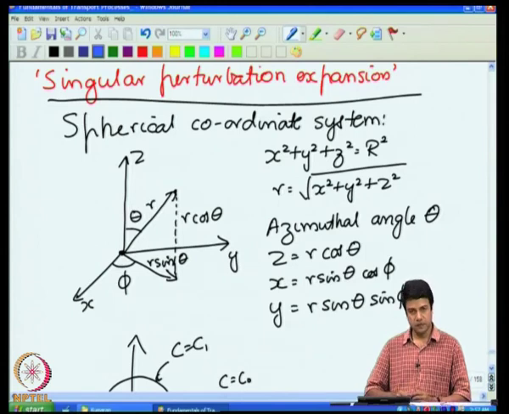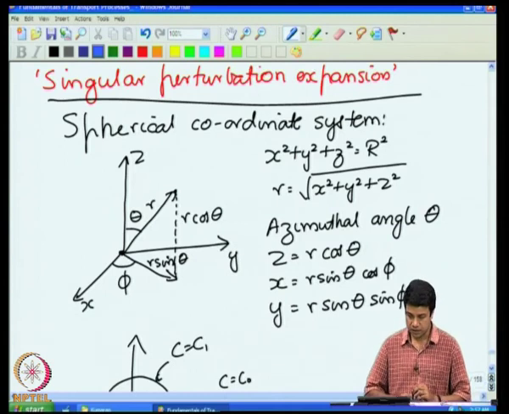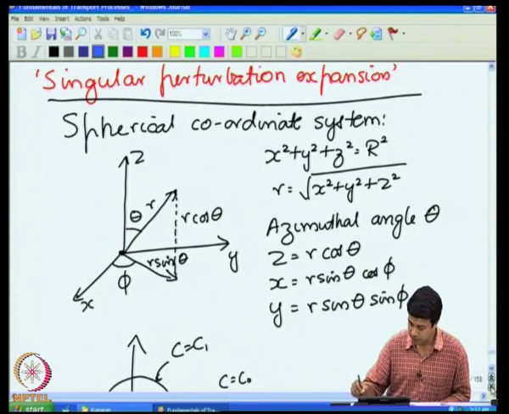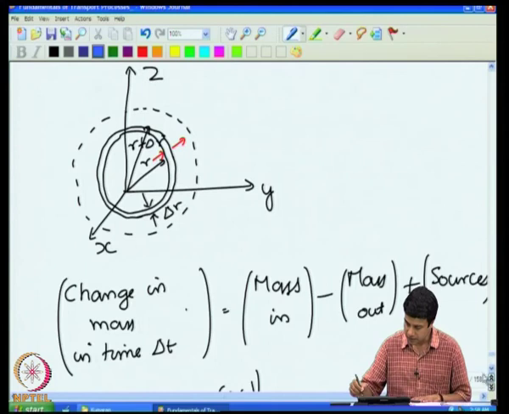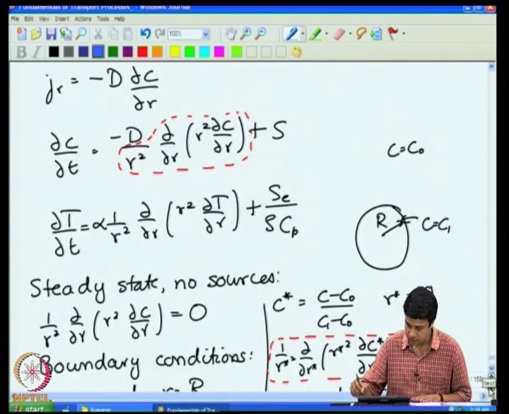Then I have a spherical coordinate system in which the distance from the center is the coordinate r. And then I have two other angles, theta and phi, which are called the azimuthal and meridional angles. For the present, we considered only transport in the r direction, where I have spherical surfaces at r and r plus delta r, and I did a shell balance for these two spherical surfaces. And you end up with an equation of this kind.